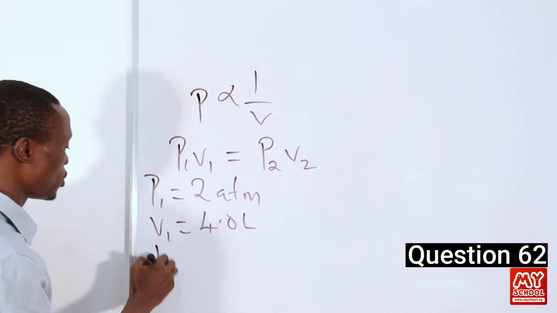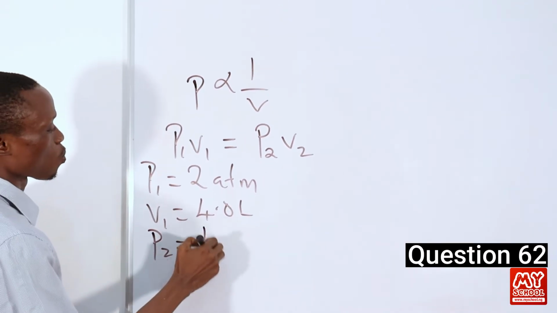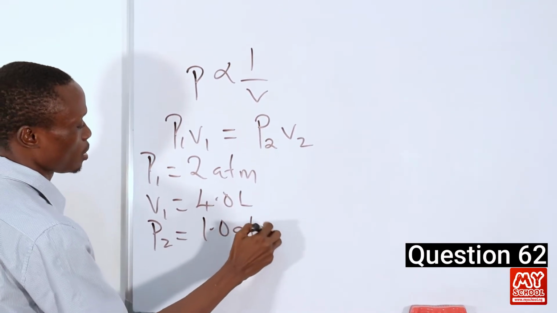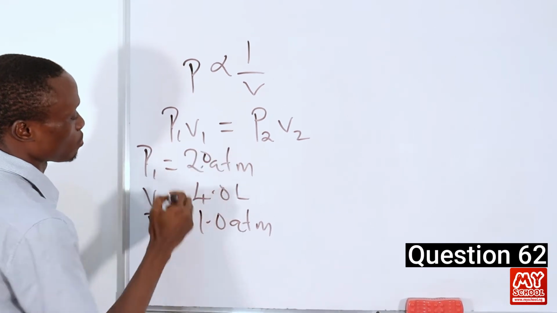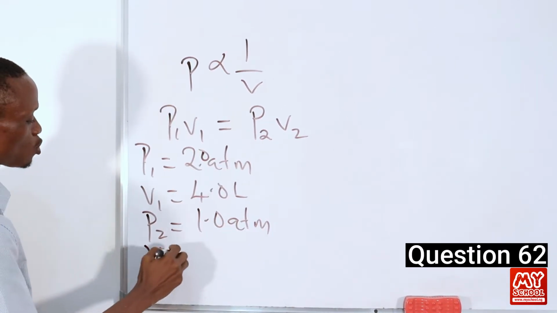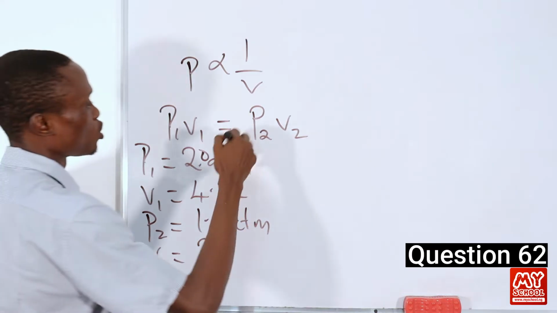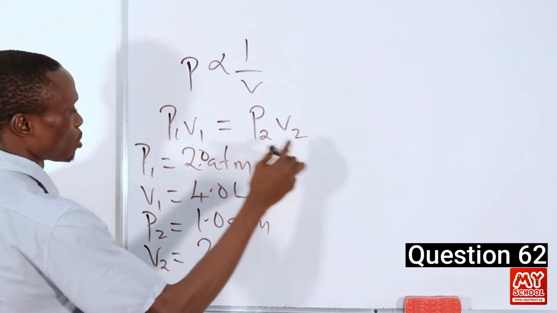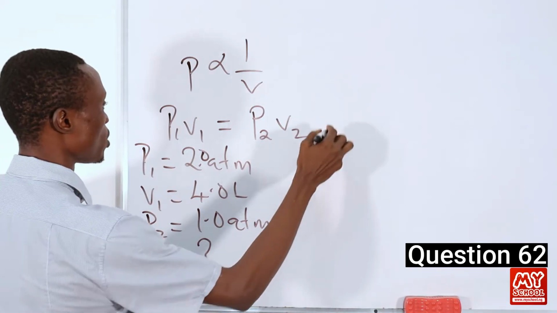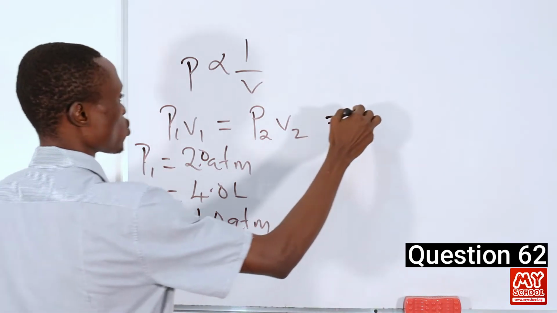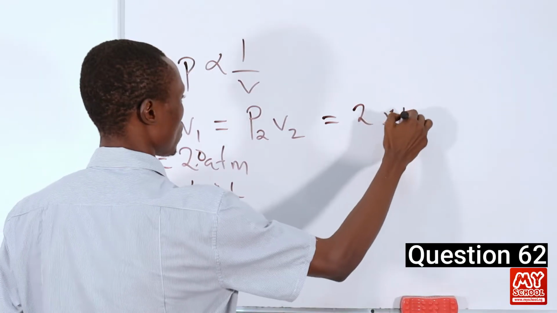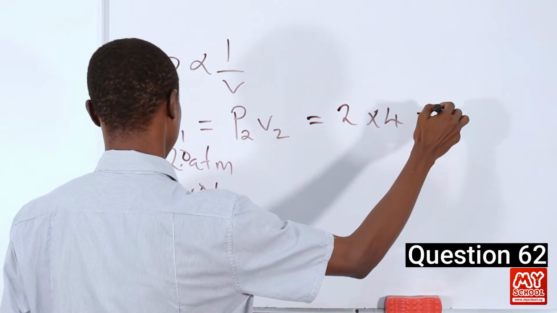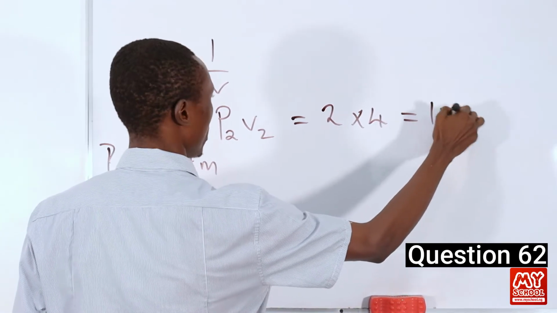Then P2 is equal to 1.0 atm. We should find V2, which is the new volume. So we just substitute these data into our formula. That will be 2 times 4 is equal to 1 times V2.